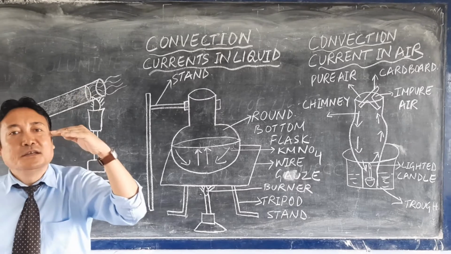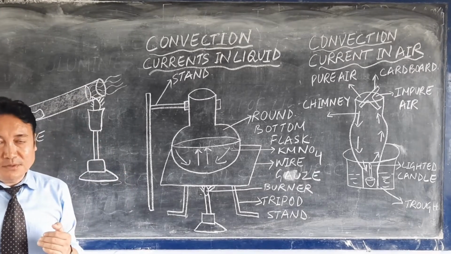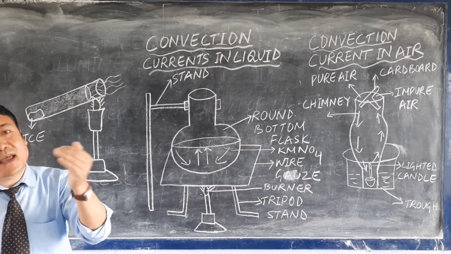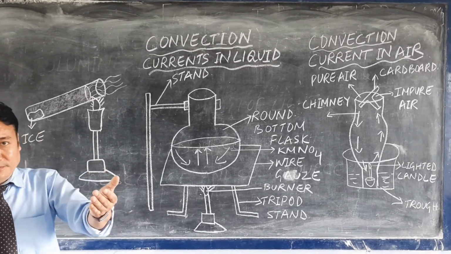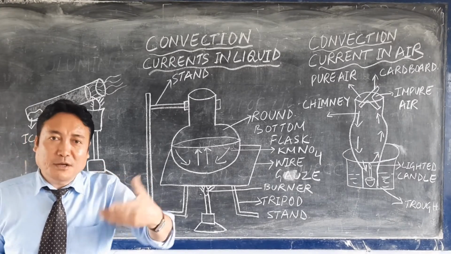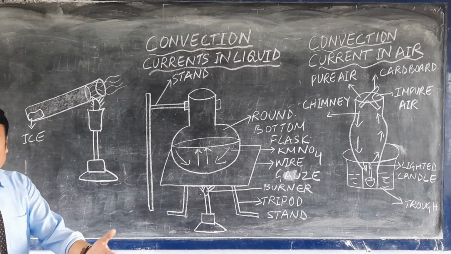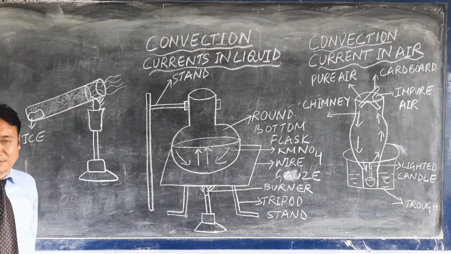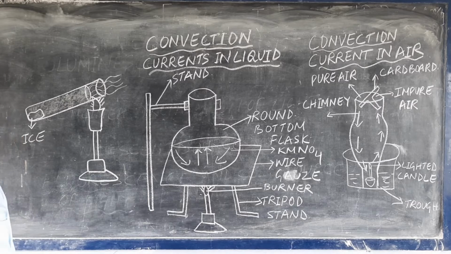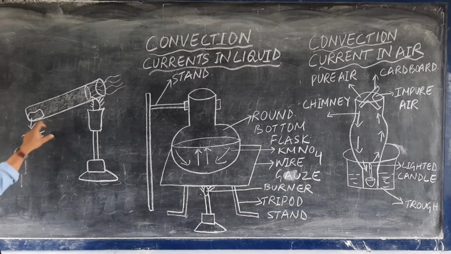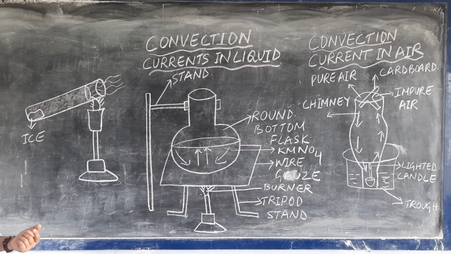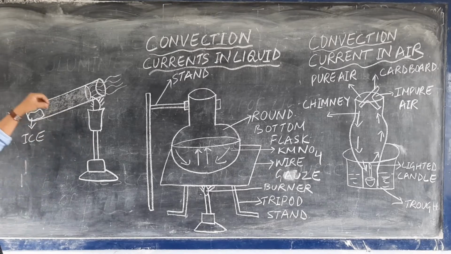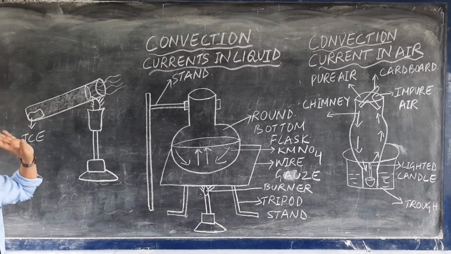If it remains on the surface, the experiment will not be fulfilled; we cannot perform the experiment. So in order to perform this experiment, you take ice and tie it with a copper wire so that the ice sinks at the bottom of the test tube.